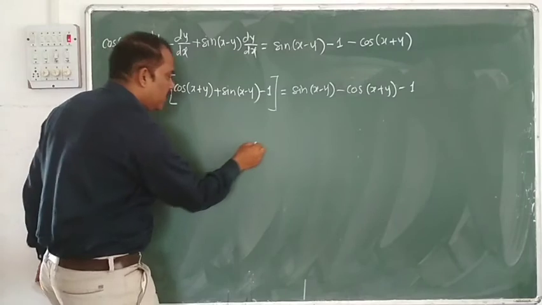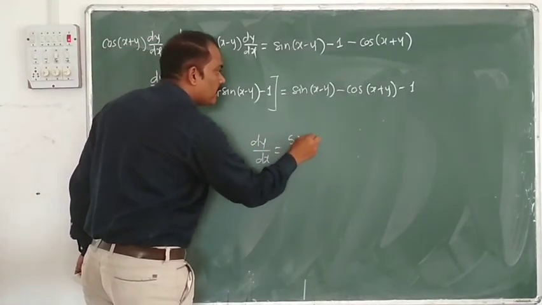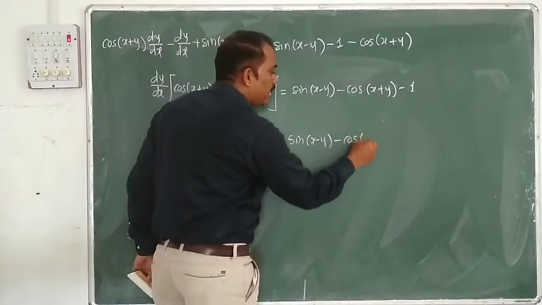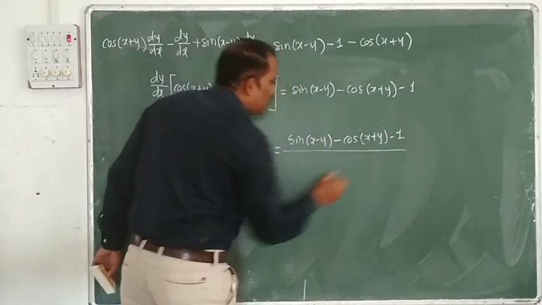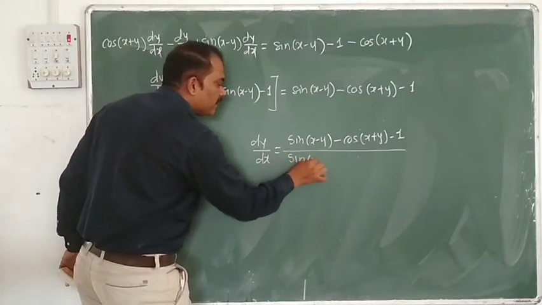Okay, so that we can write dy by dx is equal to sin of x minus y minus cos of x plus y minus 1 divided by, here also sin of x minus y.